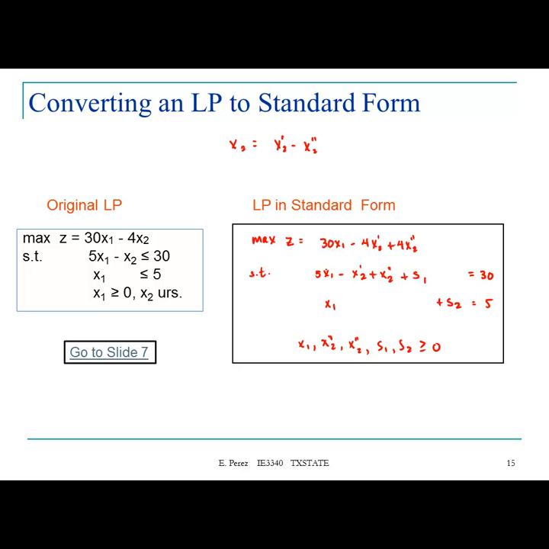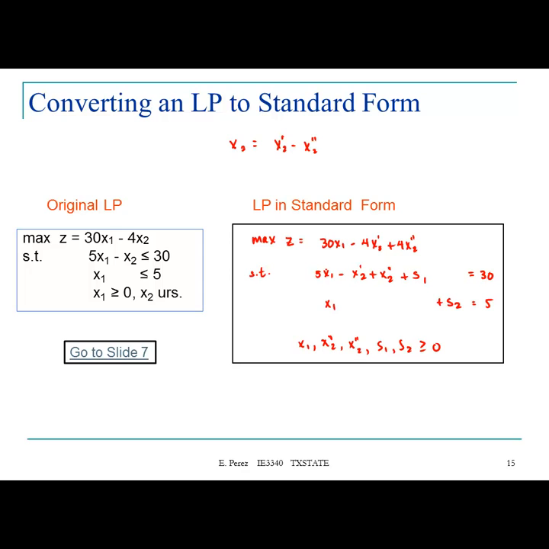Later in this course, you will see how that works out. But for now, I just want you to focus on changing the original LP to a standard form and know how to do that transformation, so we can transition to the next topic, which is the simplex method.